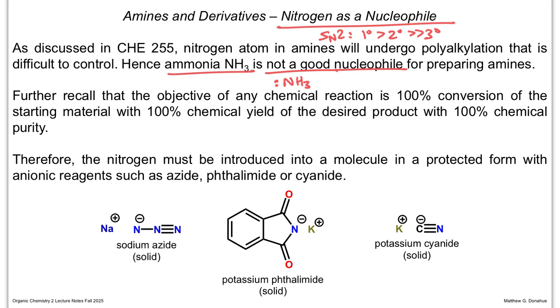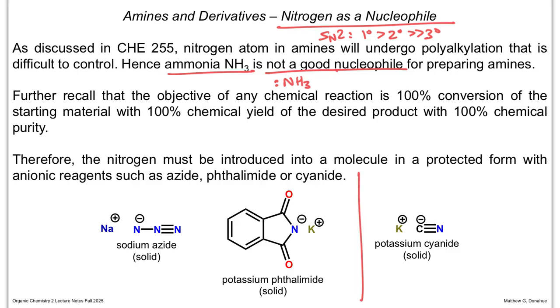So to get around that, the three reagents that are shown on this slide are sources to introduce nitrogen into a molecule. So I'm going to draw a line here.